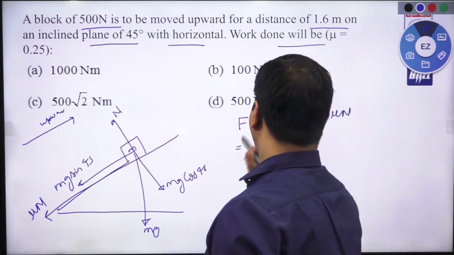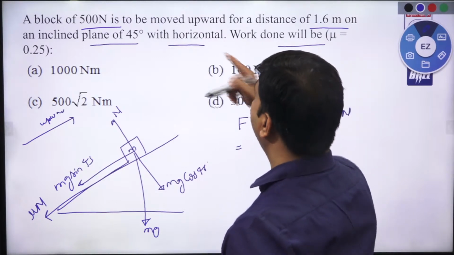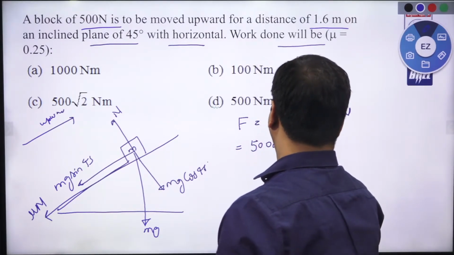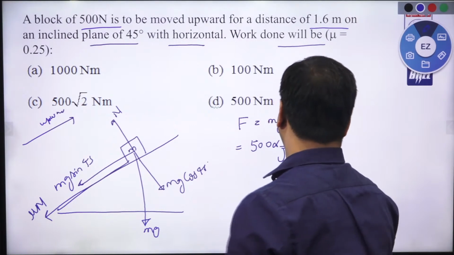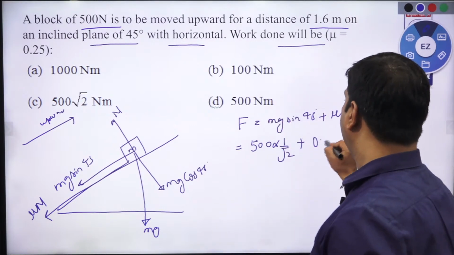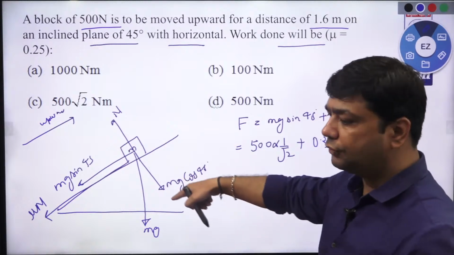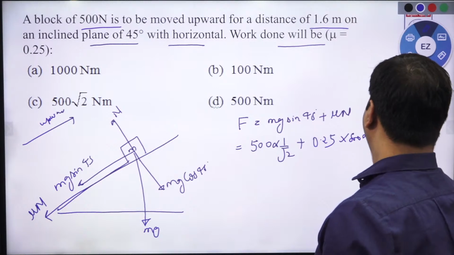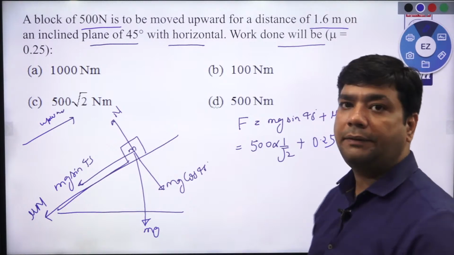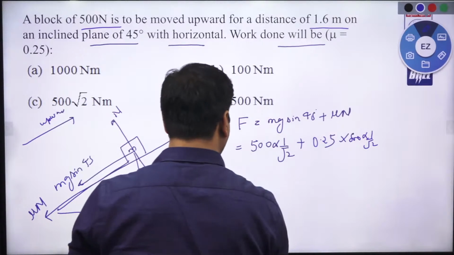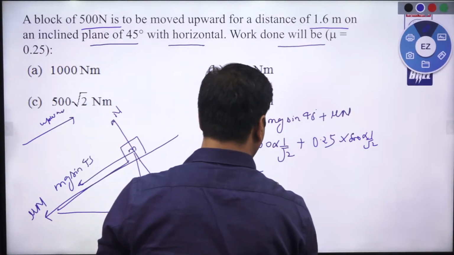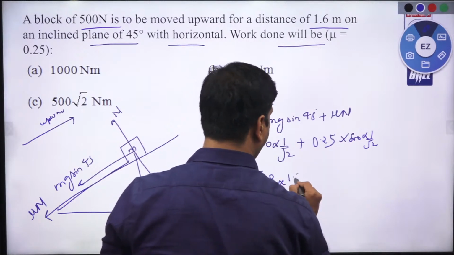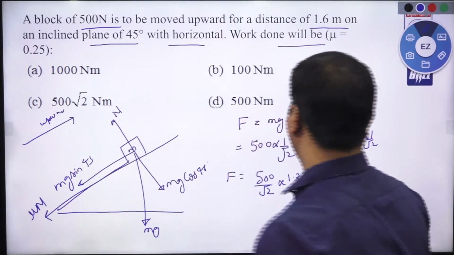So mg is 500 Newton. 500 sin 45, that is 1 by root 2, plus mu is 0.25, and the value of n is mg cos 45. So it is again 500 multiplied by 1 by root 2, because cos 45 is also 1 by root 2. So this F came to be 500 by root 2 multiplied by 1.25, that is 1 plus 0.25, it is 1.25.